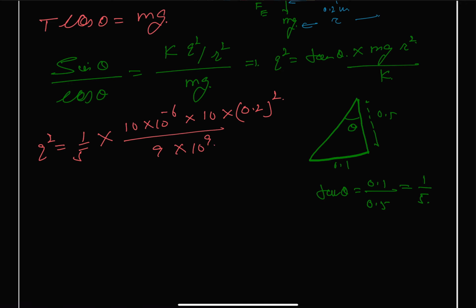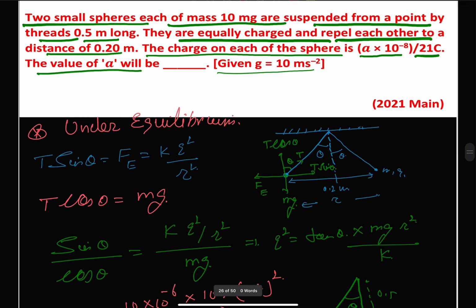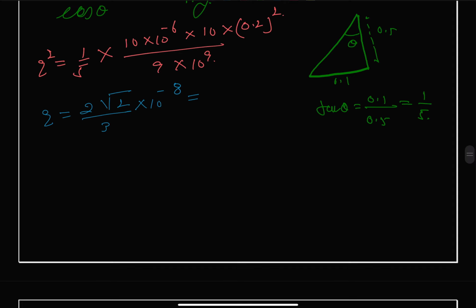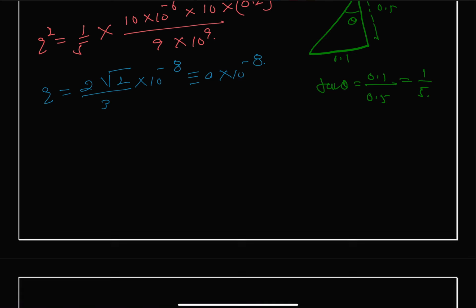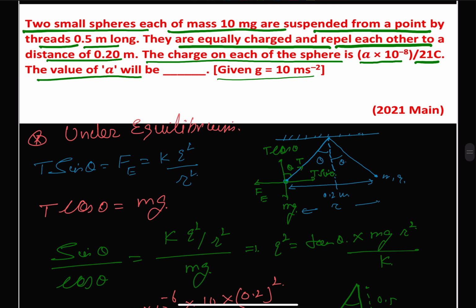So this gives us that our Q will be equal to 2 root 2 divided by 3 and 10 to the power minus 8. And we are given it is as A into 10 to the power minus 8, divided by 21. My mistake.